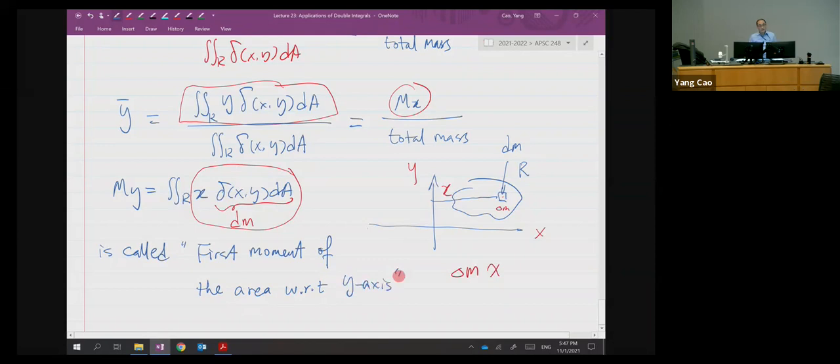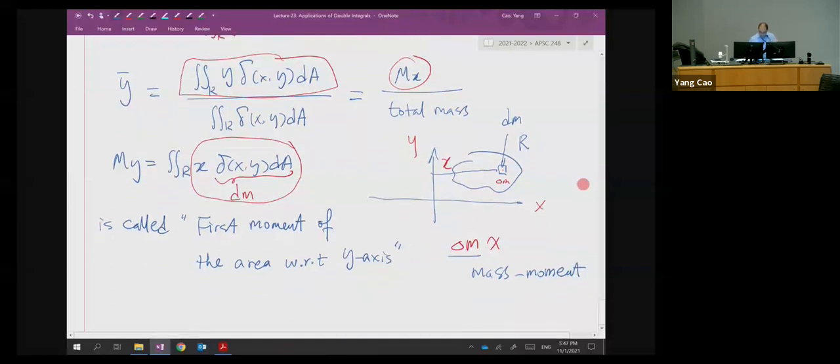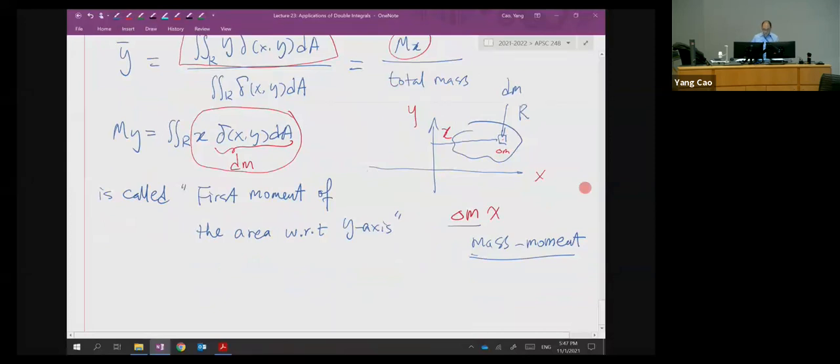This delta m represents the mass of the little area, so it's a mass moment concept, in analogy to force moment. You may never have heard of mass moment, but this is actually quite a useful concept. I think in statistics you also have a similar concept, because from the first moment you can get the average value.